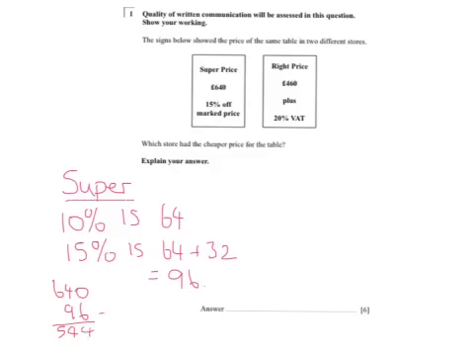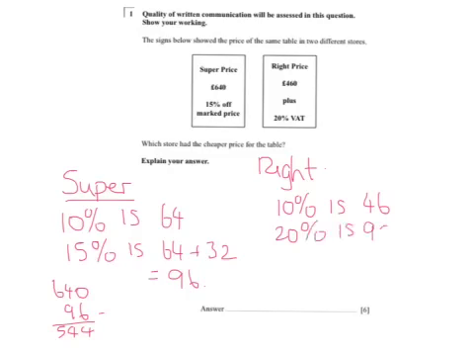Then taking the right price, we've got to take our £460 and add 20%. So 10% is £46, 20% is £92. Therefore the total here is 460 plus 92.